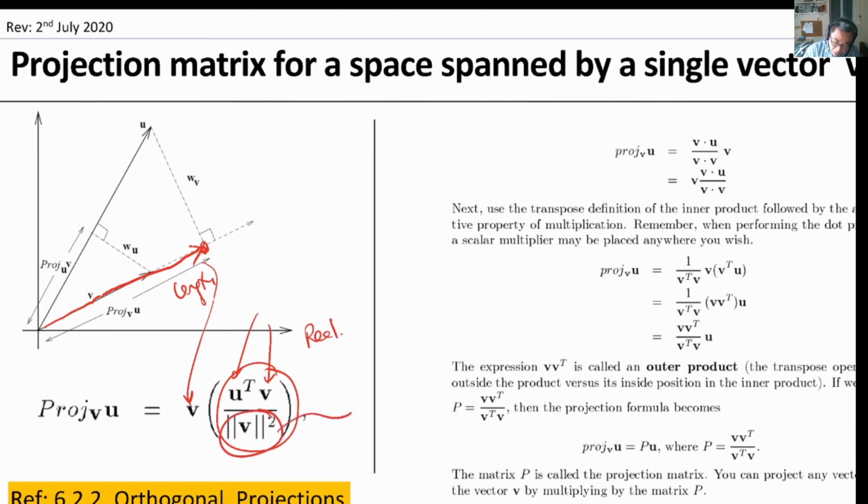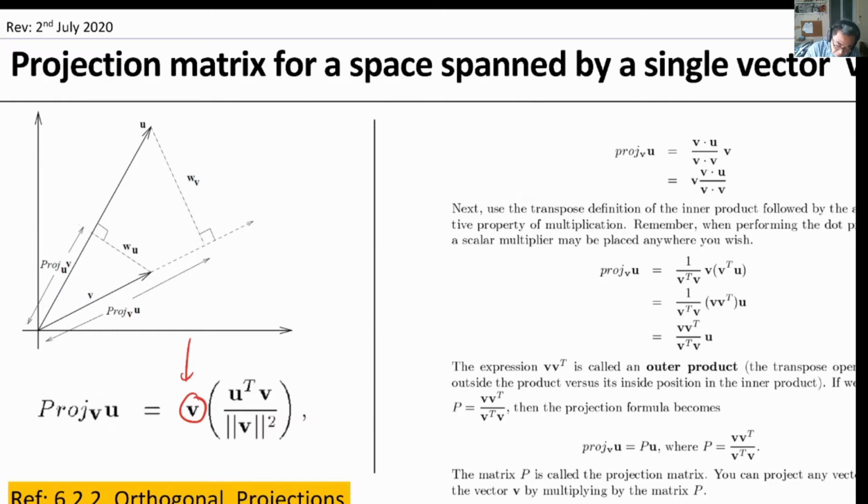The denominator of norm of V square is also a real number. So a real number divided by a real number is still a real number. It is a scalar. Hence, we can see that it is a vector V in the direction of vector V multiplying by a scalar to give us exactly this point, with the origin as the start of the vector landing here.